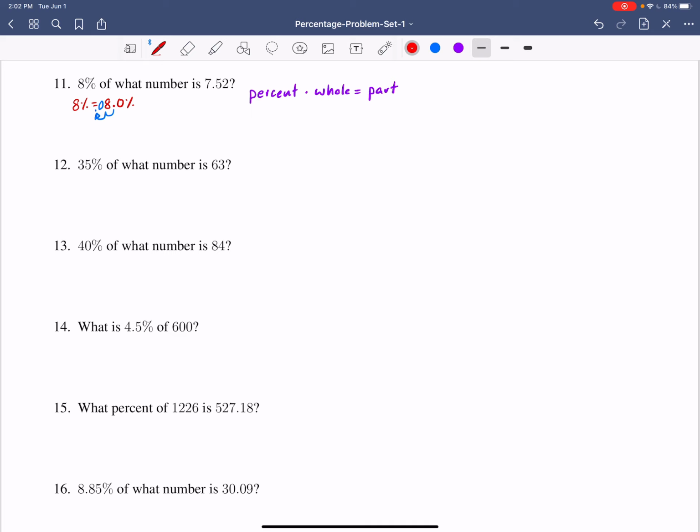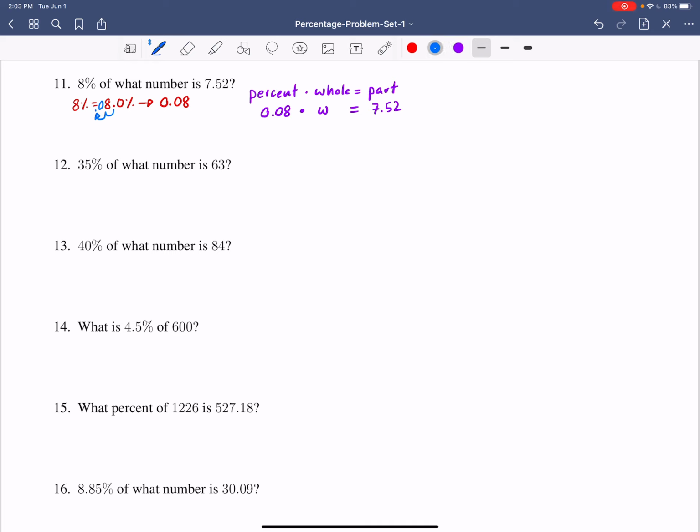So this percent in decimal form is 0.08. So we'll plug that in, 0.08 times, now we don't know the whole, so I'm just going to put W for whole. And is 7.52 means it is the part. So the part is 7.52.